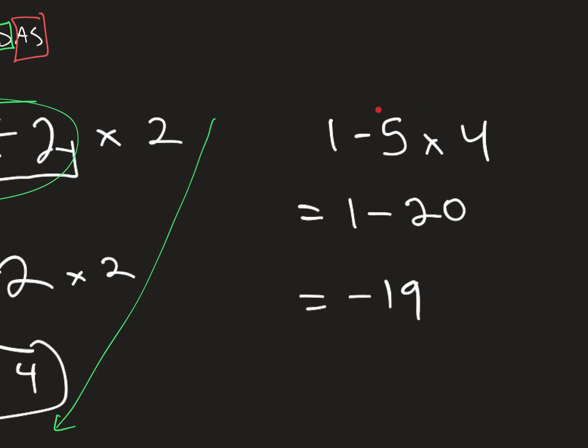So we multiply 5 times 4, or another way to think of it is negative 5 times 4. Either way, we end up with negative 20, or 1 minus 20. When we see that minus, it's implied that this number is negative. So 1 minus 20 gets us negative 19.